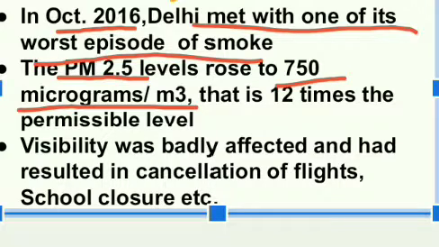According to National Ambient Air Quality Standards, the permissible limit for PM 2.5 is 60 micrograms per cubic meter, and in October 2016 the level of PM 2.5 was 750 micrograms per cubic meter.